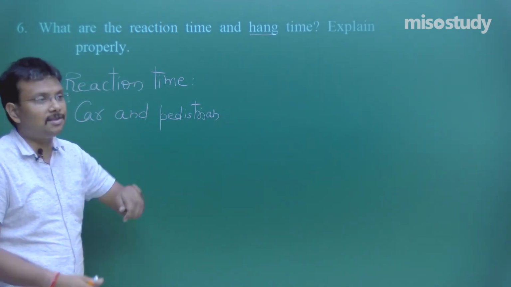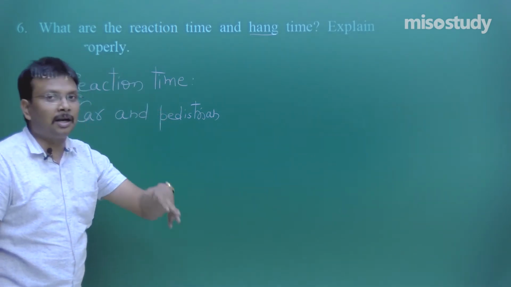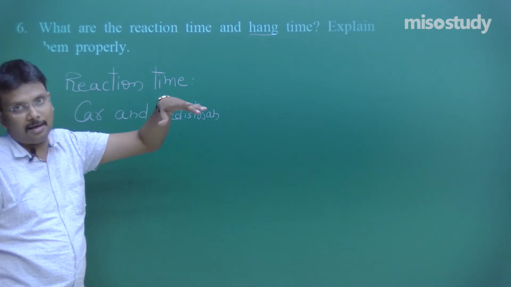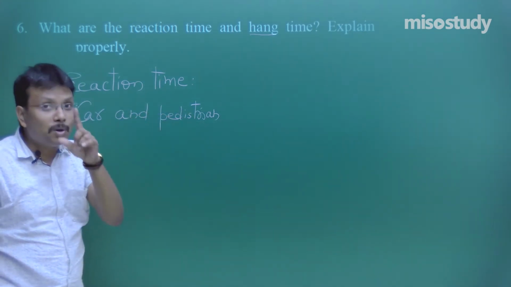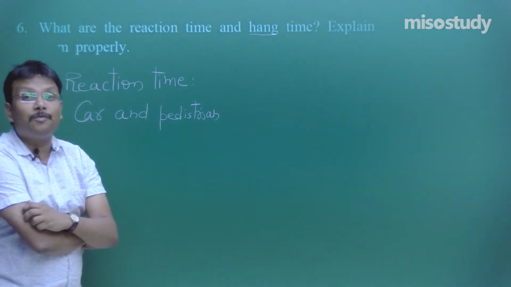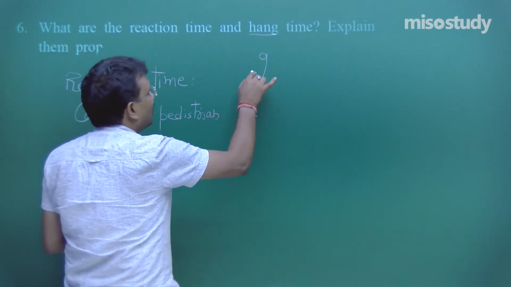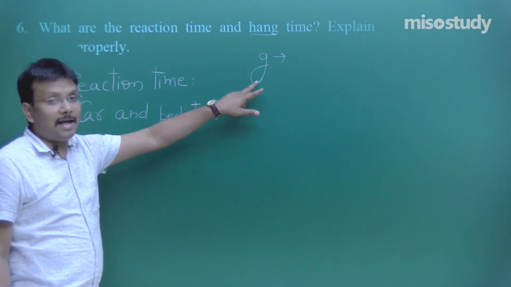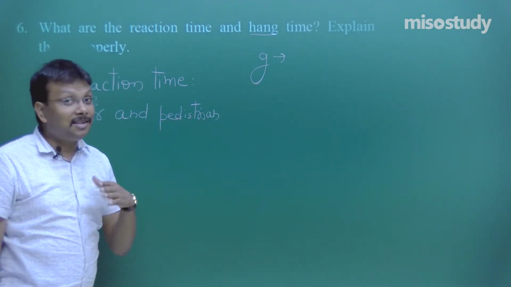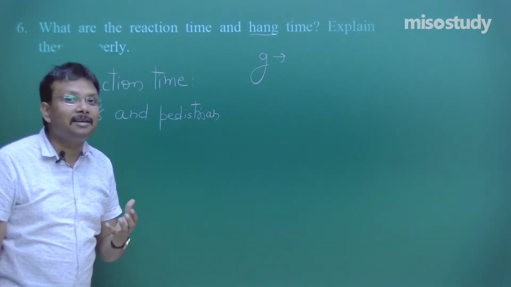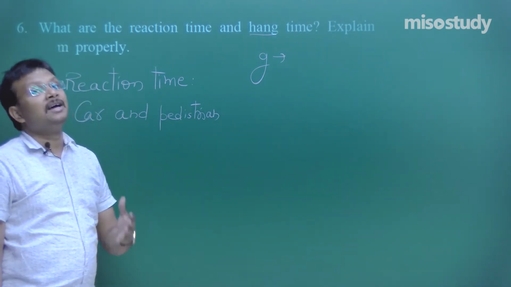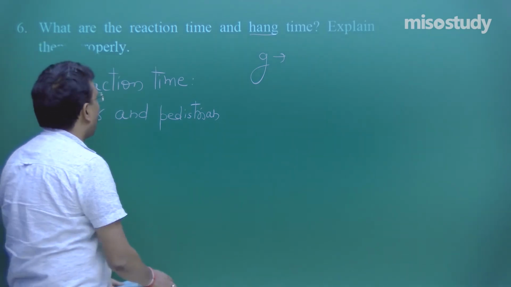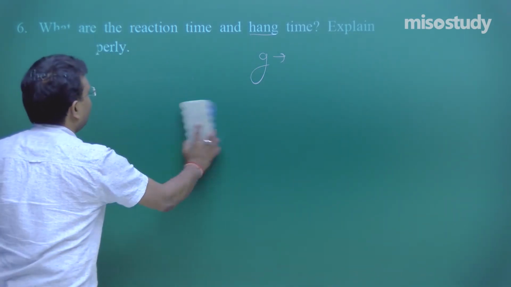Hanging time means in physics the object is not on the ground, and the object is not moving upward. Like this it is hanging. During hanging, the most important aspect from the physics point of view is g, because then the object will move with this acceleration, and this is the condition of weightlessness. So this is the idea of reaction time and hang time.